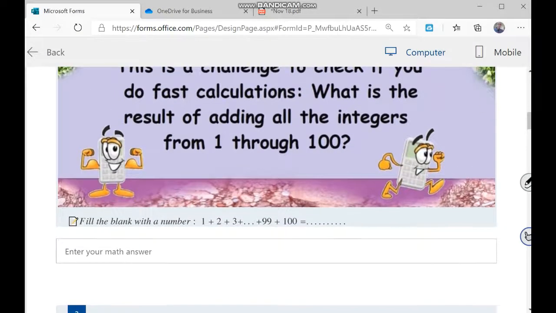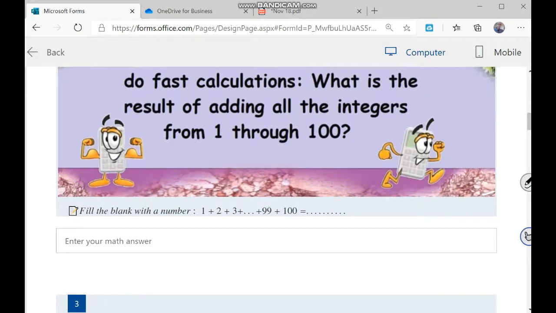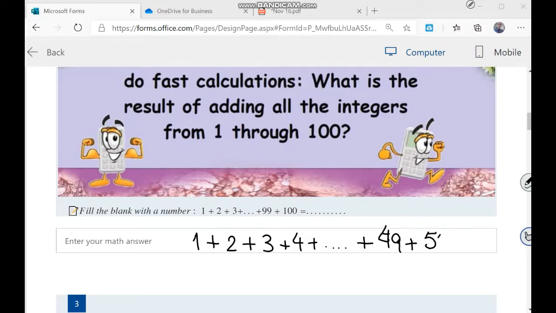The way it is usually done, let me show here. You actually don't need to spend a lot of time counting. We're going to do this: 1 plus 2 plus 3 plus 4, and it goes on all the way to 49 and 50. This is the first half, right? The first half from 1 to 50.